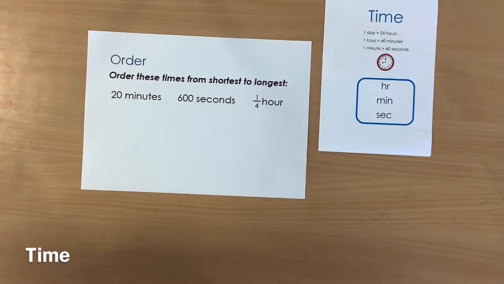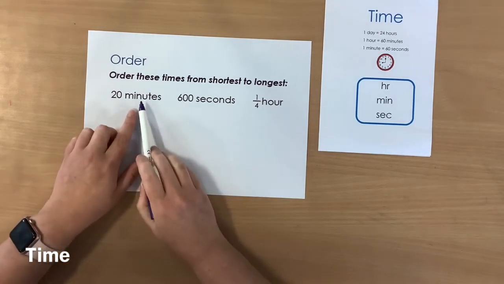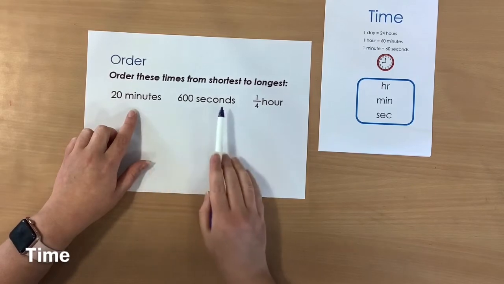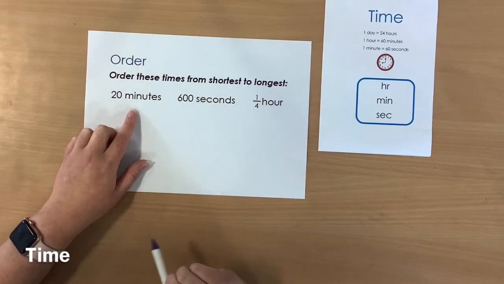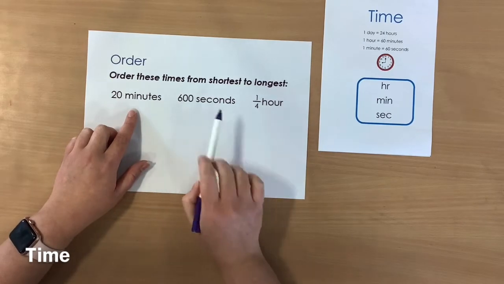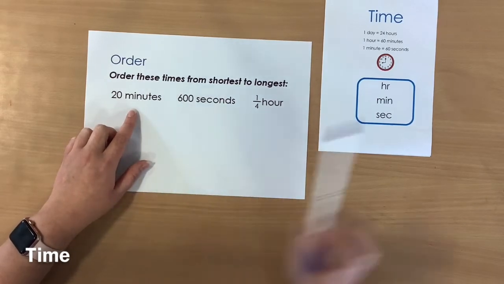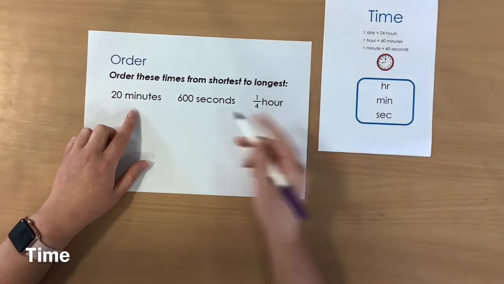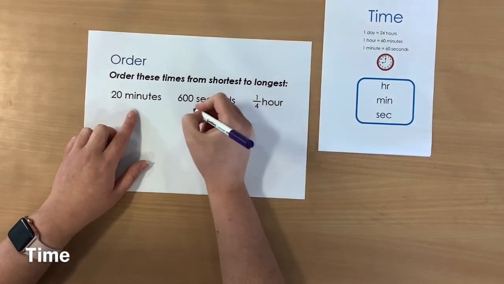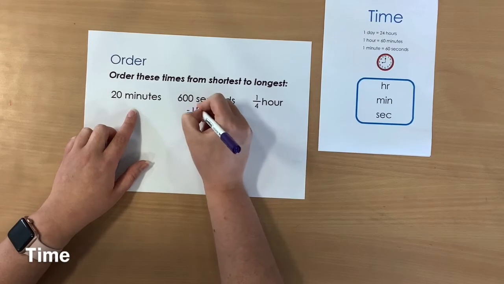So I need to convert them so that they're all in the same unit. I want to work in minutes, so I'm going to convert the 600 seconds and a quarter of an hour into minutes. 60 seconds is the same as 1 minute, so 600 seconds would be the same as 10 minutes.